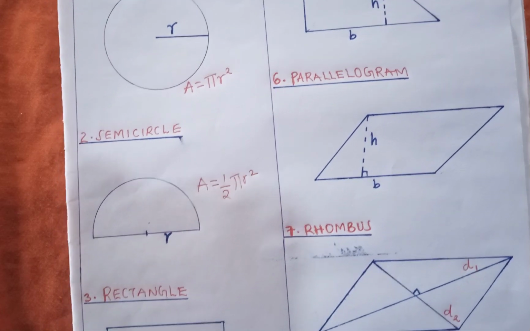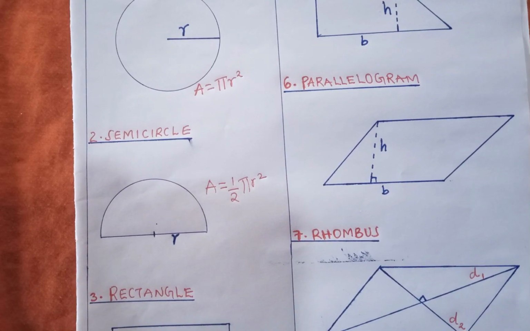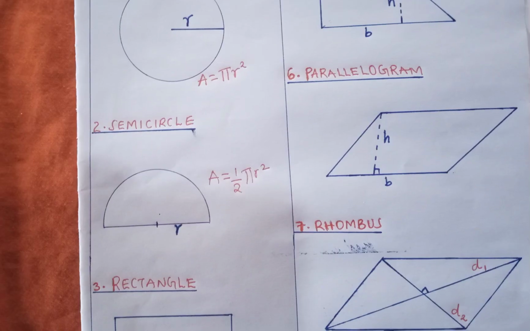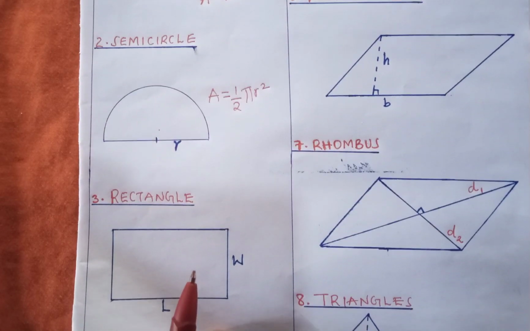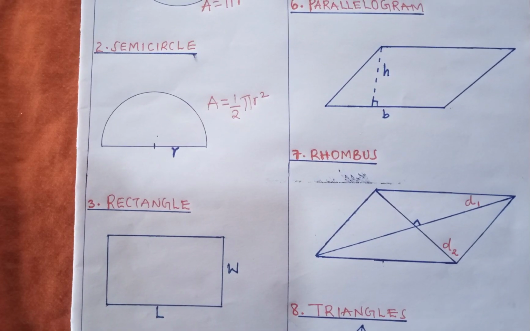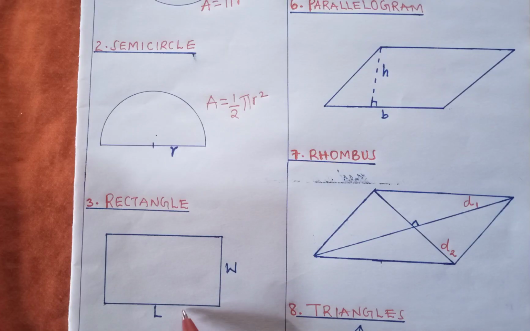So the next figure that we have is the rectangle. Under the rectangle we have got two sides. We have, of course, the length down here, and the width on the other side. You discover that these two sides are not the same.